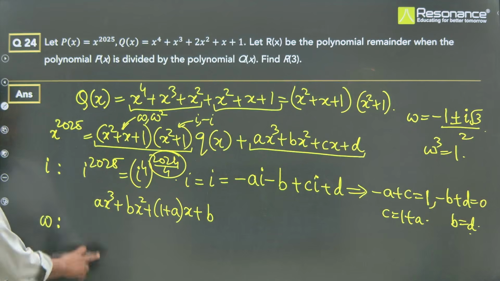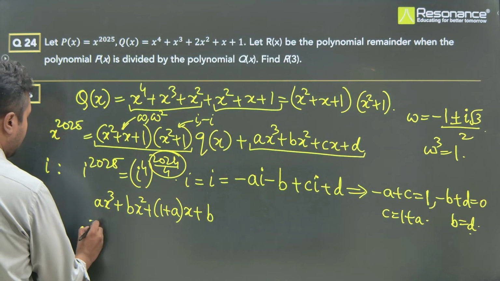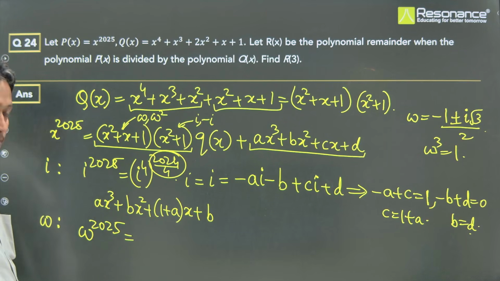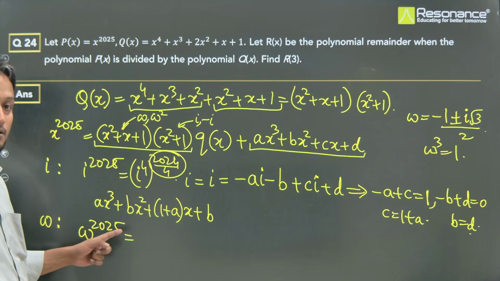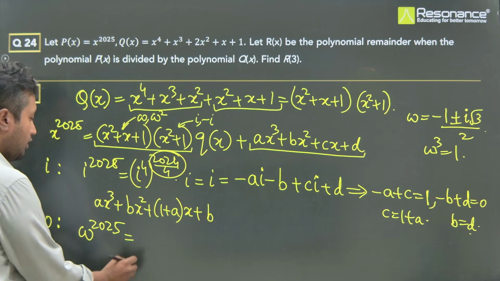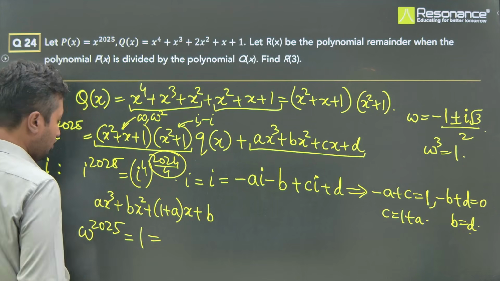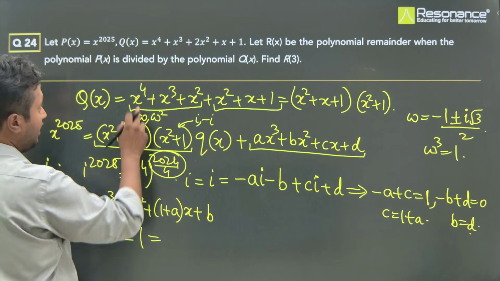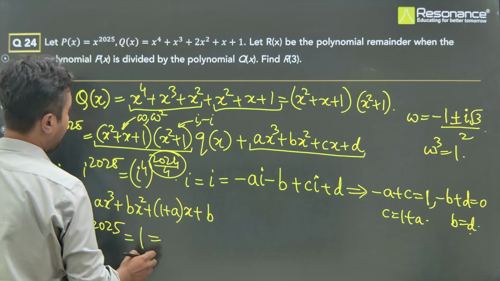Alright, so if I do that, I get omega power 2025, which is, let's work out the remainder. 2025 is divisible by 3. So omega cube is 1, means this is also equal to 1. Therefore, we have the omega substitution in P will give us 1. In Q, let's see what we get. Not in Q.